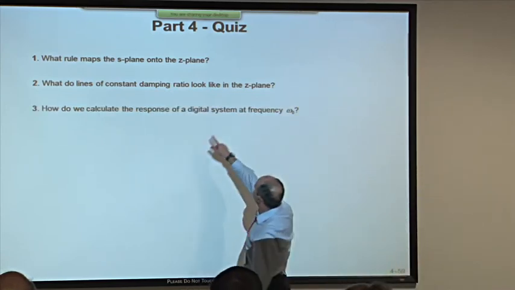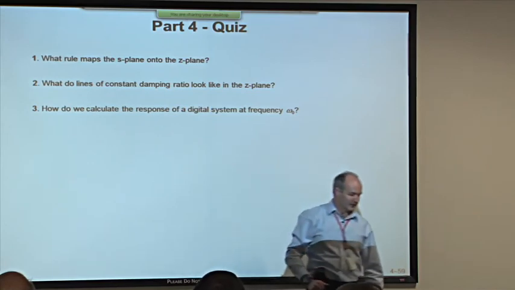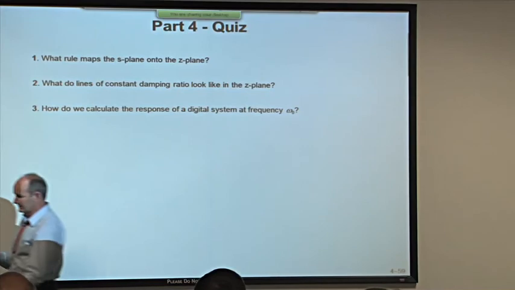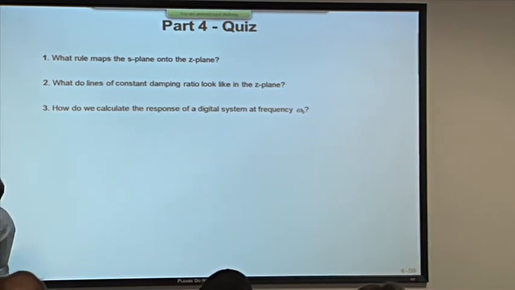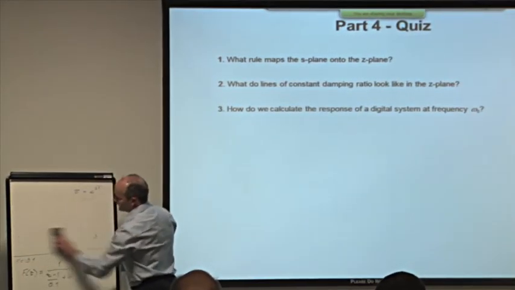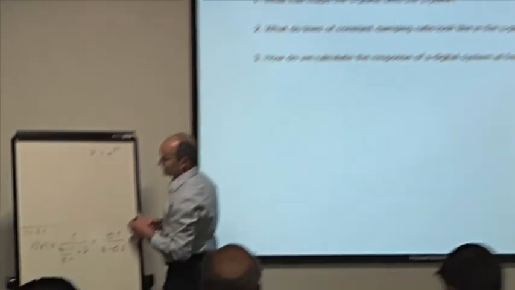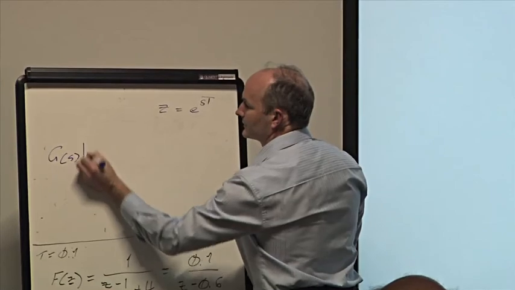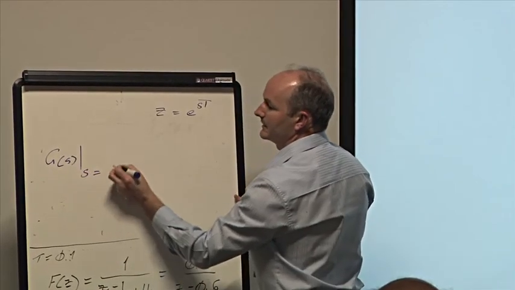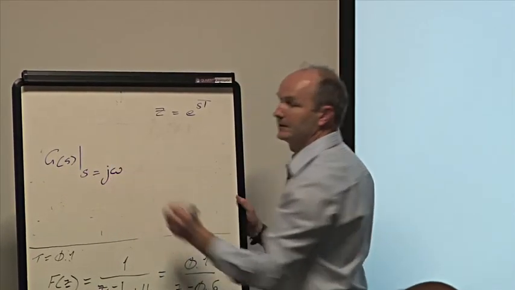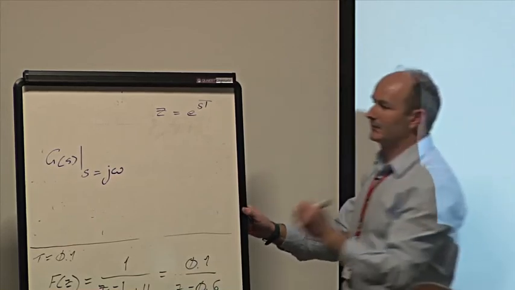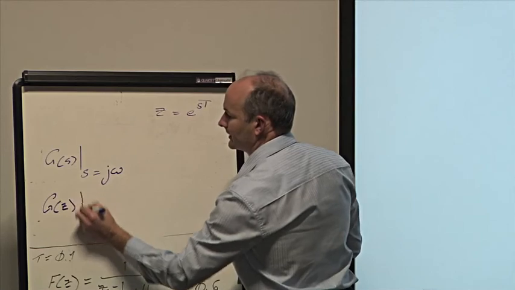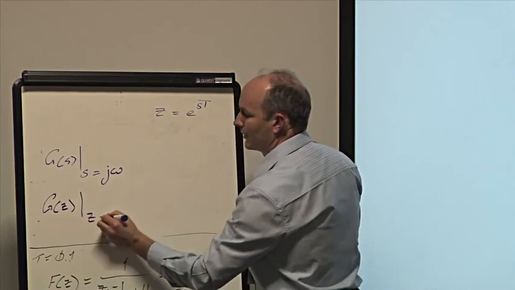How do we calculate the response of a digital system at frequency omega naught? I did actually have this on an earlier slide, but I didn't highlight it very well. So if I have a continuous time transfer function, let's call it G of s, and I want to know its frequency response, I evaluate it at s equals j omega. We did cover that. Now if I have a discrete time transfer function with a z transform, I evaluate it at what?